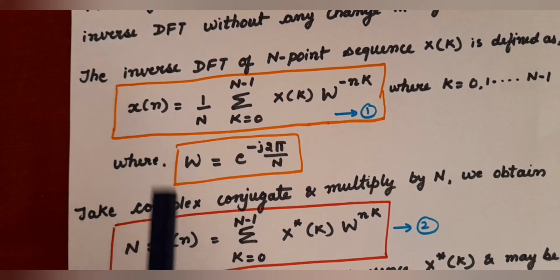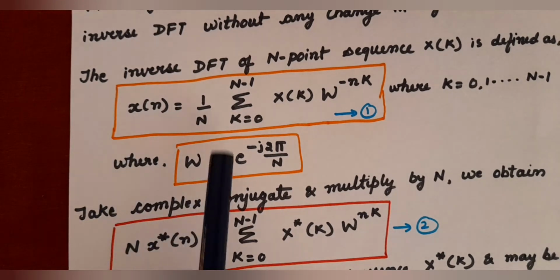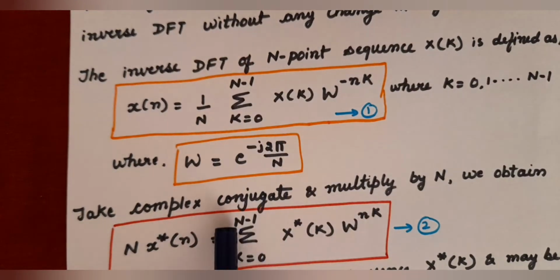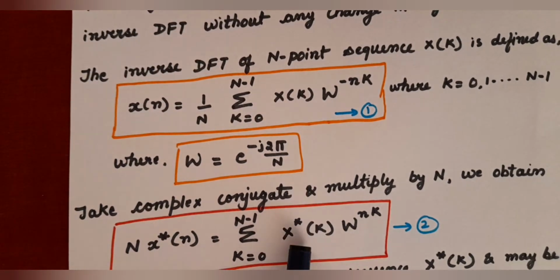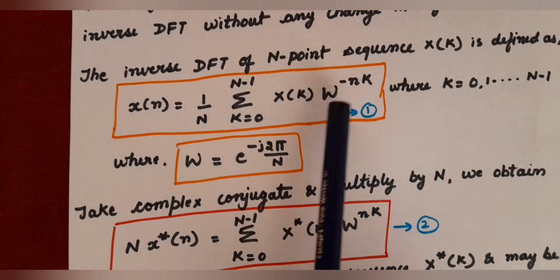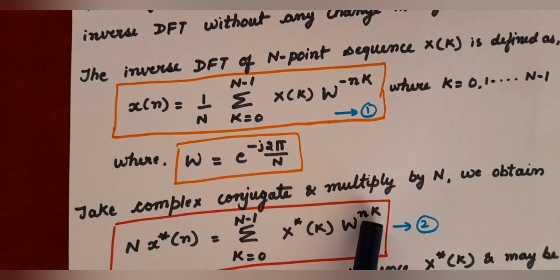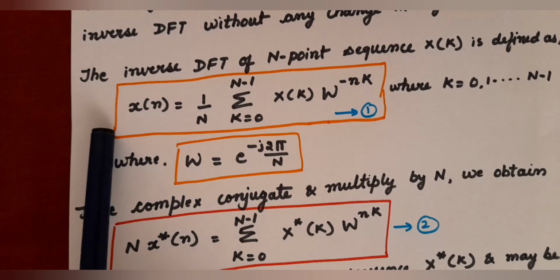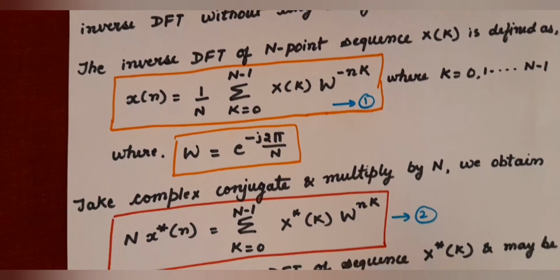So, x of n becomes x star of n and is multiplied by capital N. On the RHS side, take the complex conjugate of it and multiply by capital N. So, taking complex conjugate, X of k becomes X star of k and W to the power of minus nk becomes W to the power of nk. So, take complex conjugate and multiply capital N on both the sides of equation 1 to get equation 2.